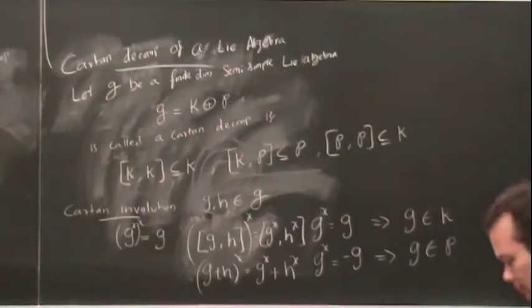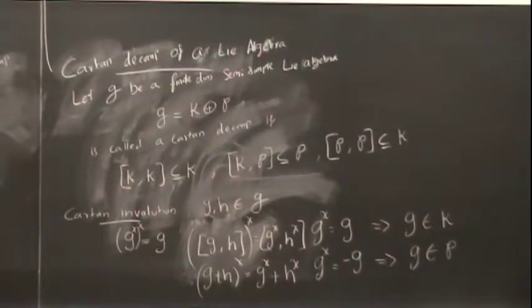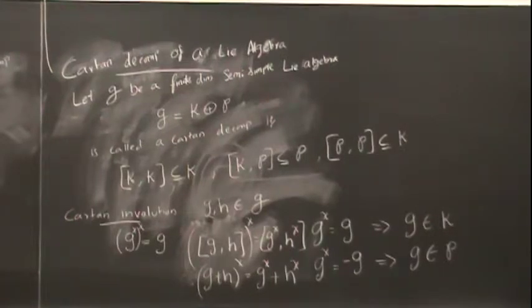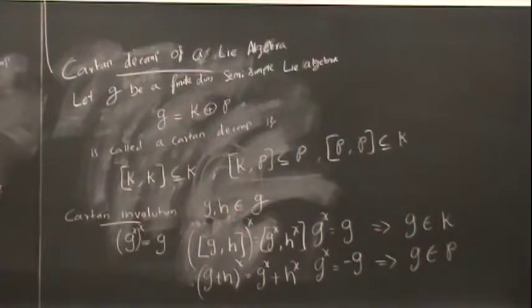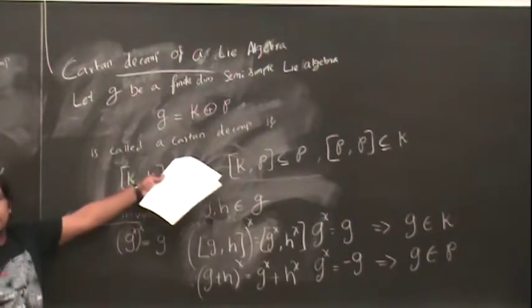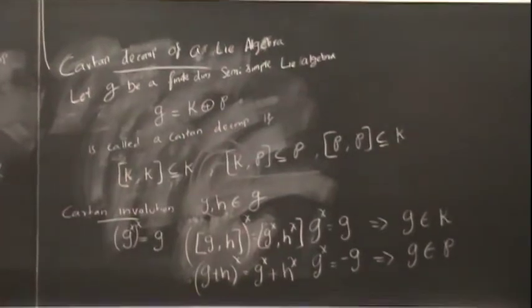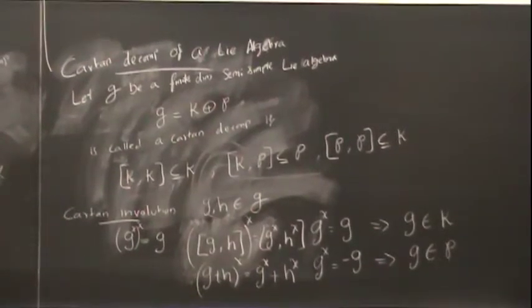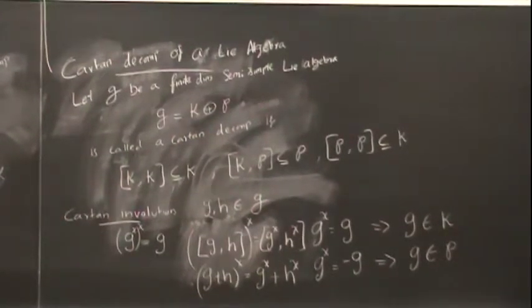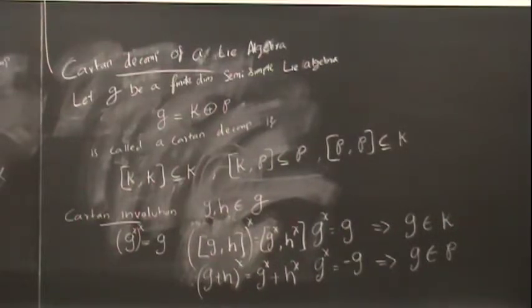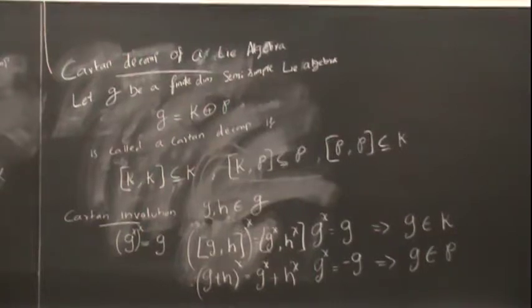So we have G and H, which are elements of K, right? We want to see, given this, whether I can get this commutation relation. So we want to see whether G comma H is in K or P. I want to just show that.